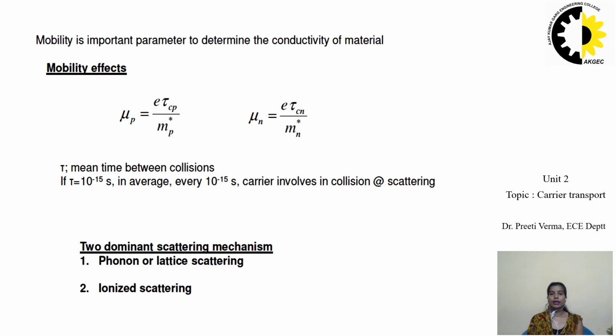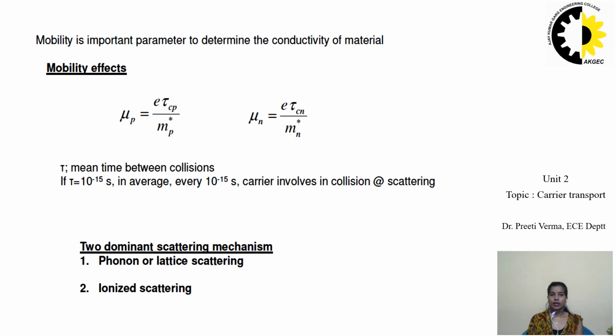As I told you, if the electron or hole, the majority carrier, is being accelerated by the effect of the electric field, then it will move with a certain velocity. Moving with a certain velocity, it will collide with other ionized atoms of that material.